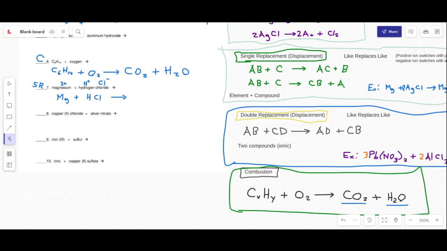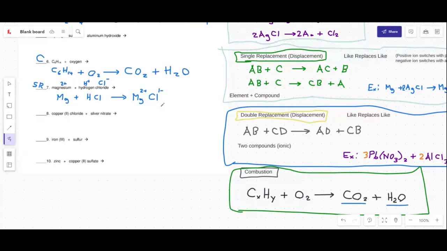If magnesium comes in with chlorine, magnesium has a 2+ charge, chlorine has a 1- charge. What's the formula for magnesium chloride? Mg has a 2+. Chlorine is a 1-. I need the charges to be equal. MgCl?